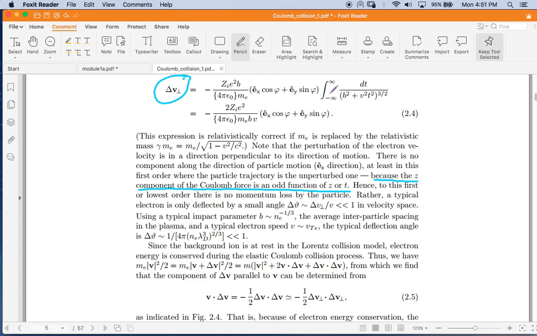Hence to first order, there is no momentum loss, parallel momentum loss at least. Rather, a typical electron is only deflected by a very small angle, delta v perpendicular over v, it's really tan theta. Tan theta is the perpendicular over v, but you know that for small angles, tan theta is approximately equal to theta, and so that's what it is.